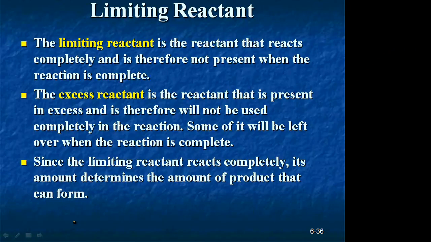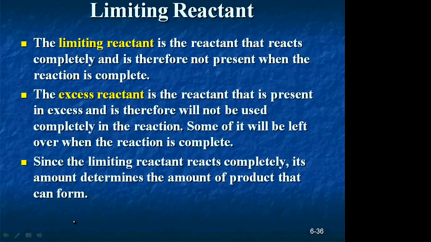As the word suggests, the excess reactant is something which is present in excess, or present too much. So if something is present too much, of course after the reaction, whatever the extra amount, it will be left over, right? So the excess reactant will not be completely used up because there is simply too much of it, and some of it will be left over after the reaction is complete.